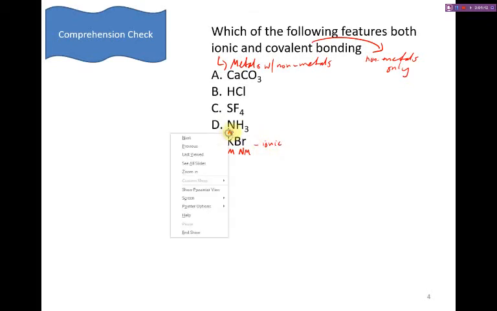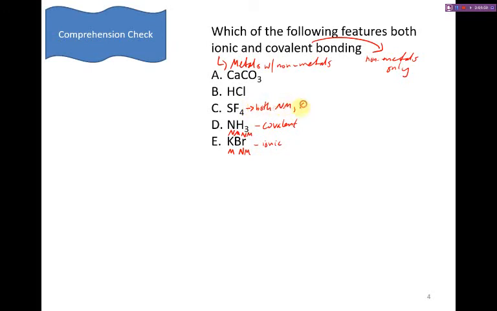Nitrogen is a nonmetal, as is hydrogen, so that must mean that this has covalent bonding. Sulfur and fluorine are both nonmetals, so this exhibits only covalent bonding. Hydrogen and chlorine are also only nonmetals, and therefore it exhibits only covalent bonding.